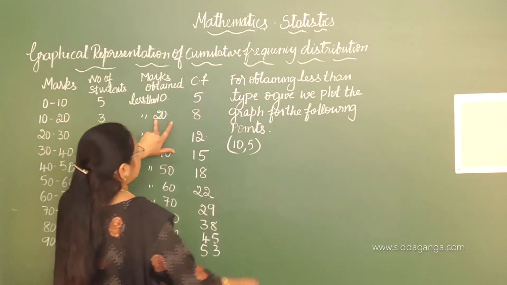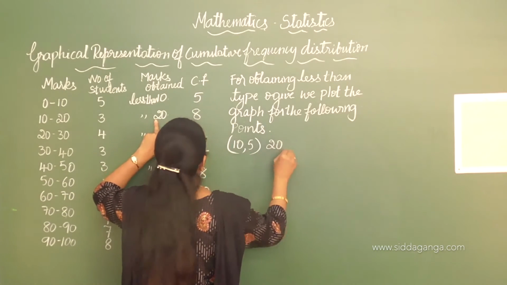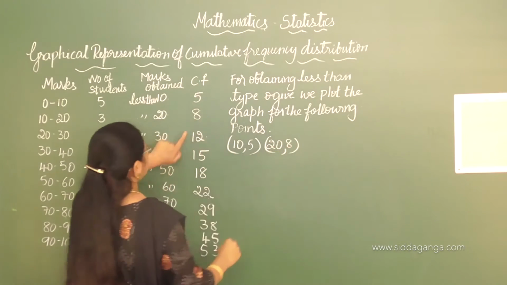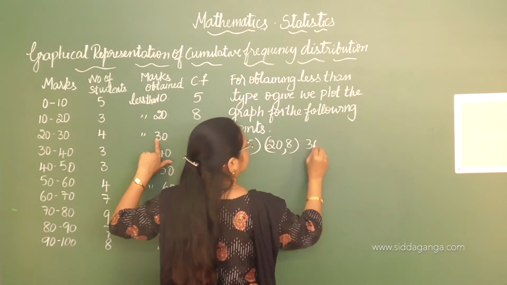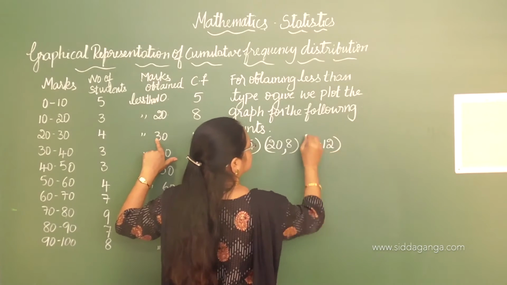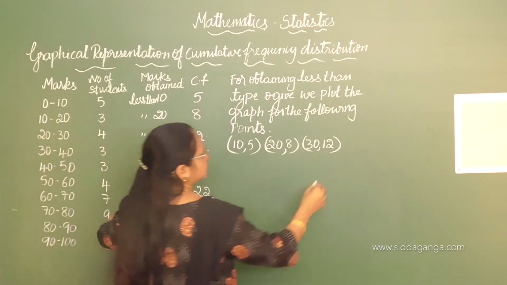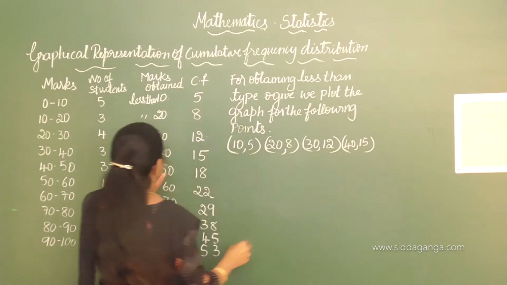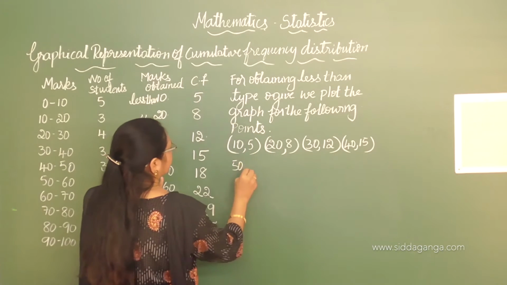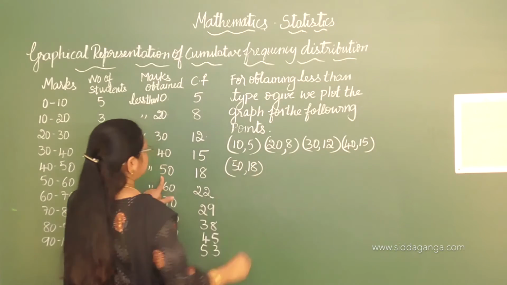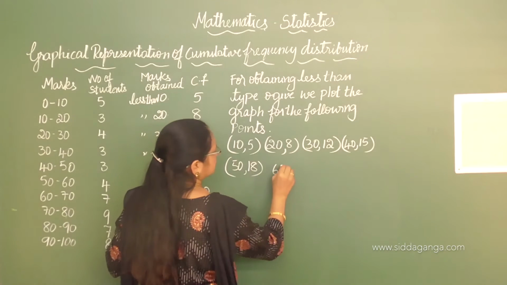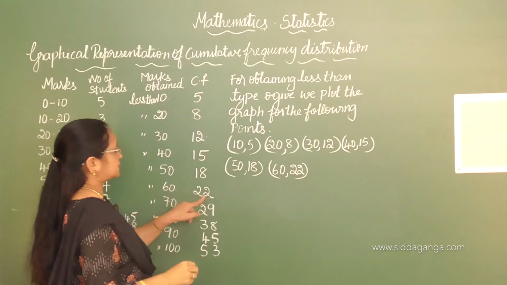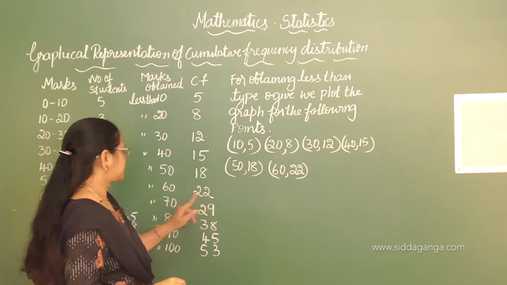Then less than 20 upper limit and the corresponding cumulative frequency 8, 30 and 12, then 40 and 15, then 50 and 18, then 60 and 22. So upper limit and the corresponding cumulative frequency.